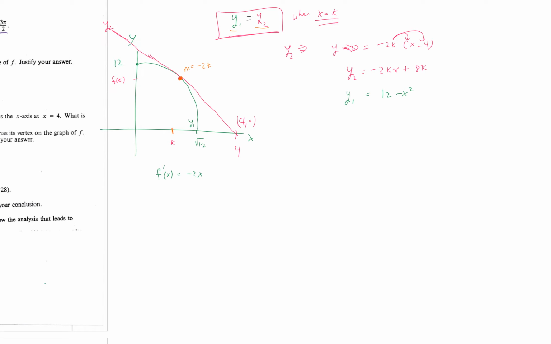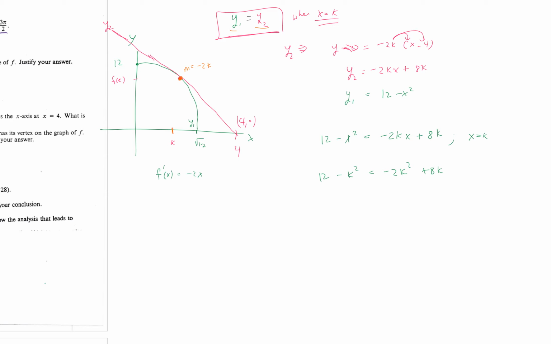So 12 minus x squared equals negative 2kx plus 8k. This happens only when x equals k. So in reality it says 12 minus k squared equals negative 2k squared plus 8k. Now we have the equation in terms of k, and we can solve for k.